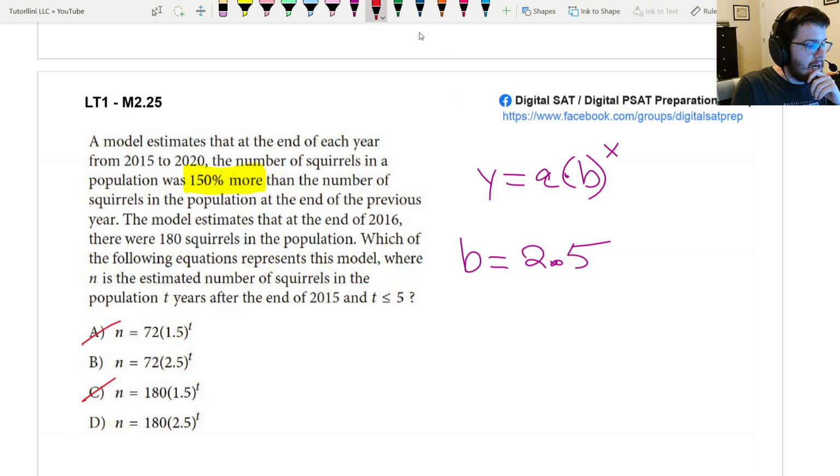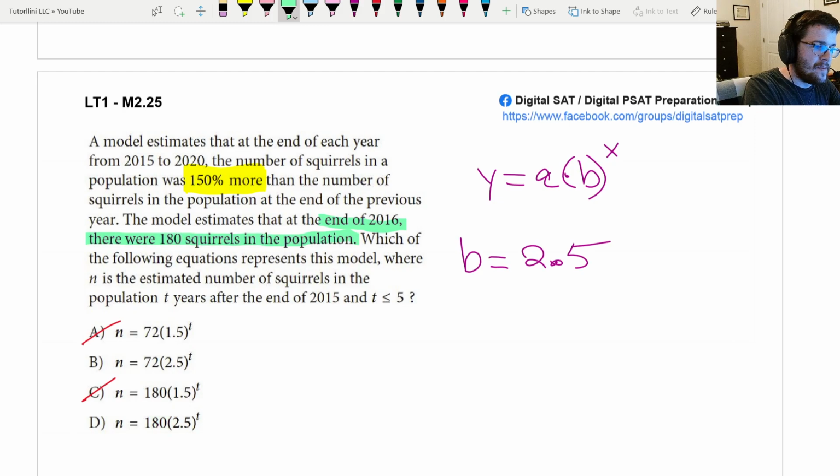Now it says the model estimates that at the end of 2016, there were 180 squirrels in the population. Great. So many people would have read that, and they would have picked D. They would have said, oh, they started with 180.